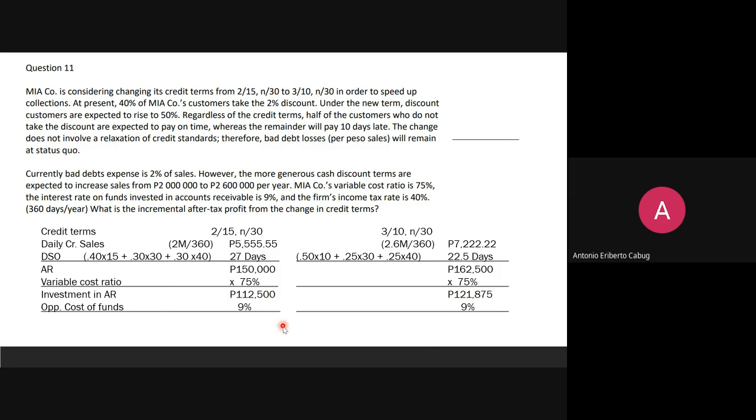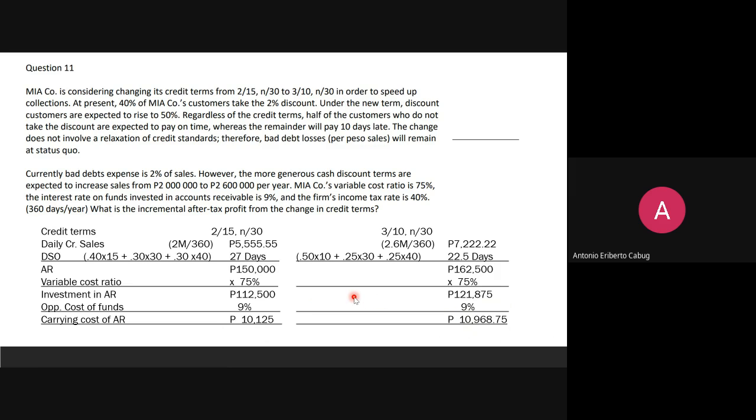9% of 112,500, we call this the carrying cost of AR, 10,125. 9% of 121,875 is 10,968.75. So, this is the carrying cost of AR before the change, and this is the carrying cost of AR after the change.